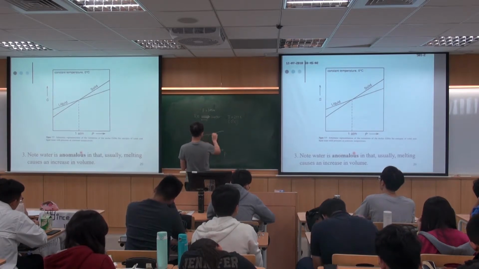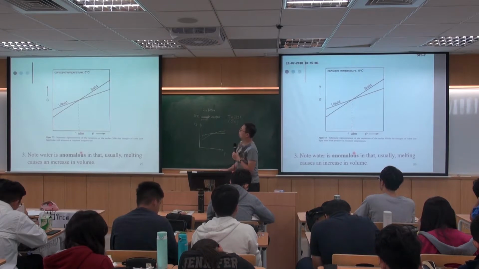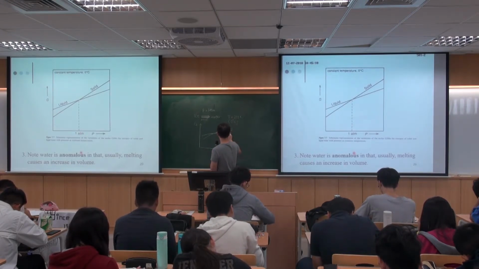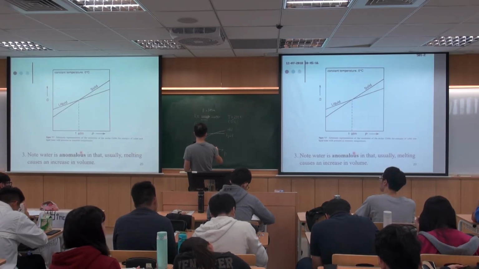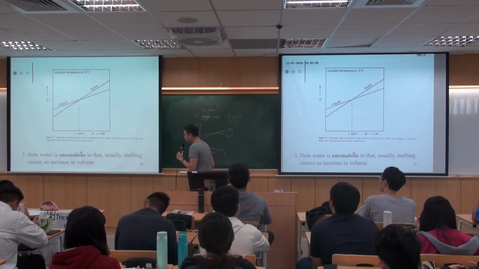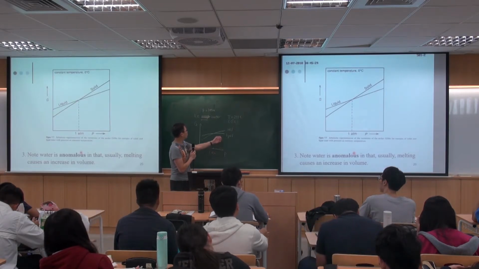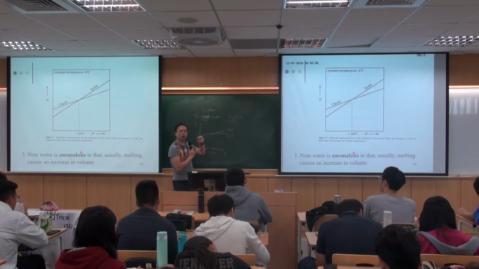Again, we have two phases, and here it is 1 atmospheric pressure. We know that by increasing the pressure, ice tends to melt into water.